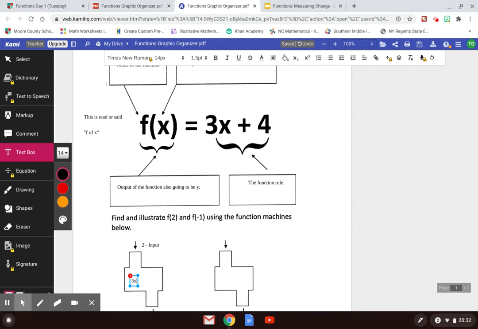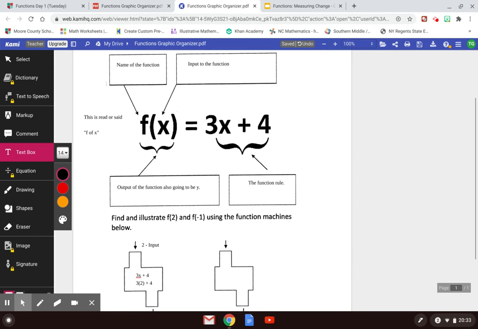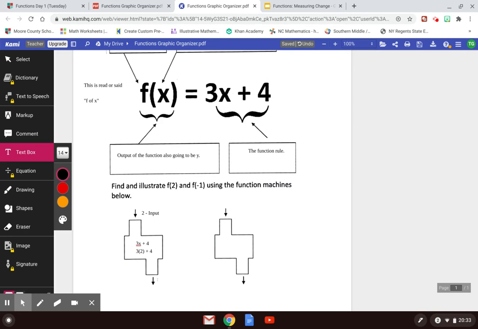And like we said, this is where the change is going to occur. Because as we have here 3x plus 4, we're simply going to take and input the 2, because that is our input, into the function rule and add that to 4. So using mental math, 3 times 2 is 6, plus 4 is 10. And so my output is going to be 10.